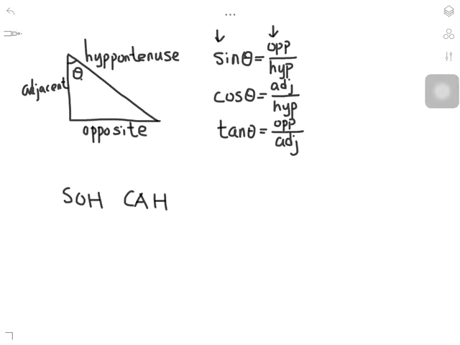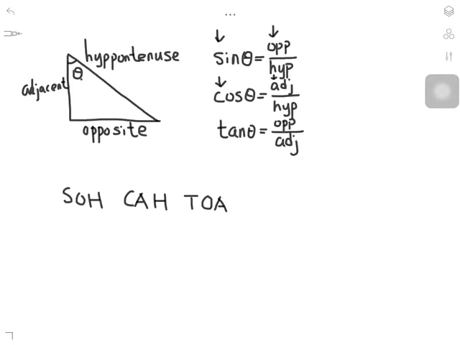Cosine is adjacent over hypotenuse. Again, it's taking the first letter of each. And then tangent would be T. Tangent is opposite over adjacent. So hopefully you'll remember this, and there's nothing much to help you if you don't remember the definition. That's the way it is.